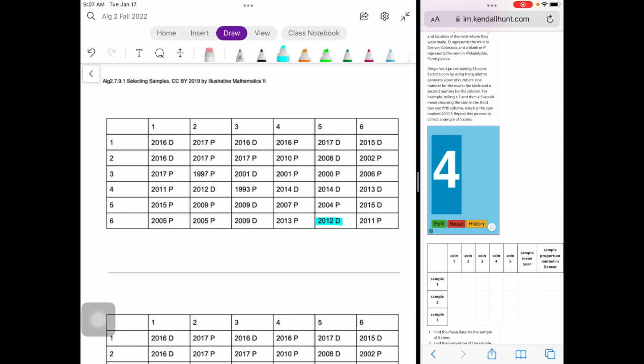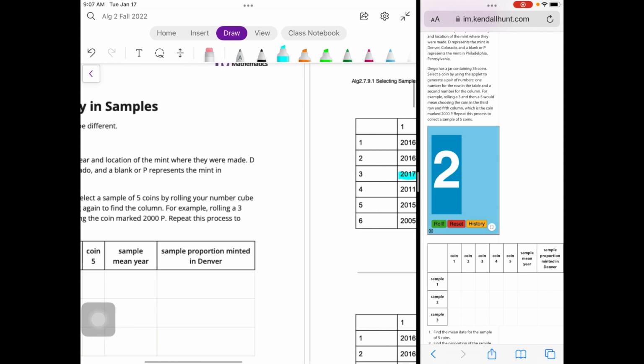Then we have row 6, column 3, row 3, column 1, row 6, column 3, we already have that one, row 6, column 2, and we need one more, row 4, column 2. All right, so there we have our values.